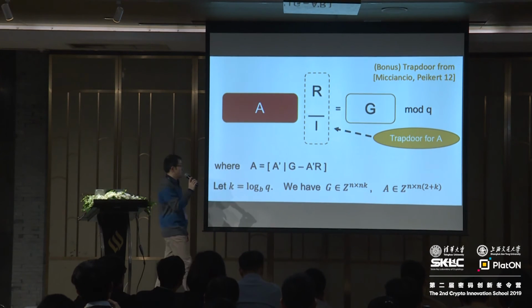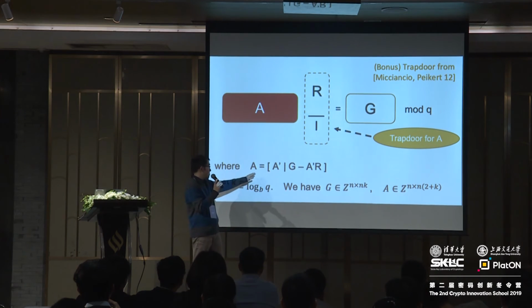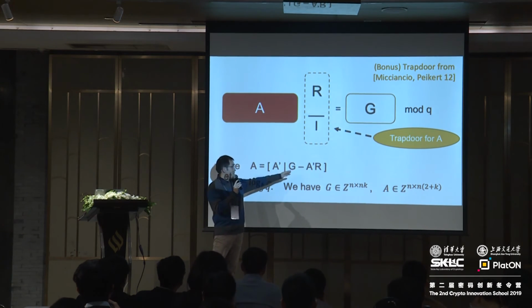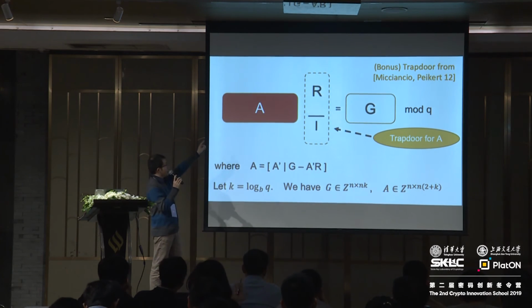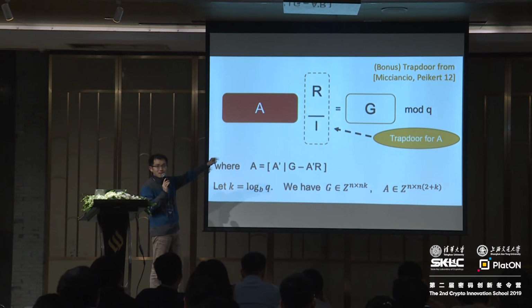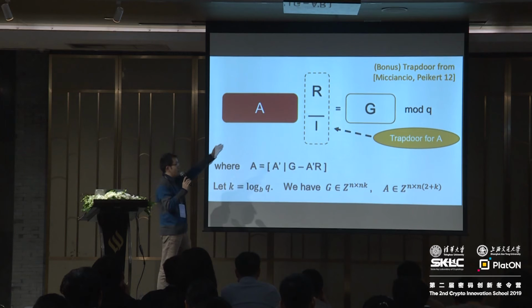First sample a random matrix A prime with proper dimension, and then put it together with G minus A prime times a small matrix R. As you can see, this matrix A times the column matrix R over I recovers the gadget matrix.